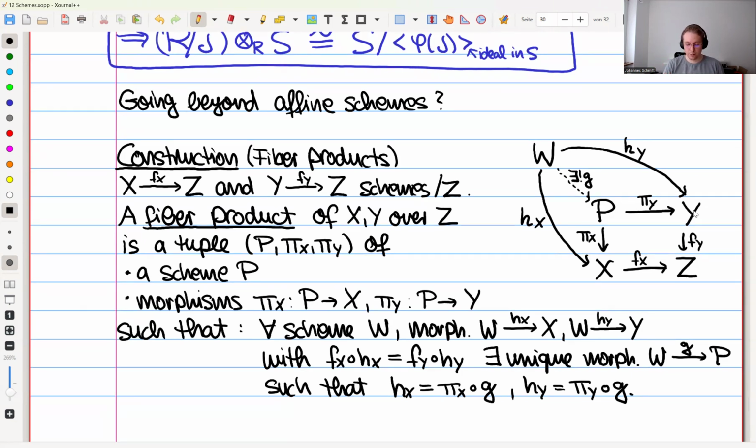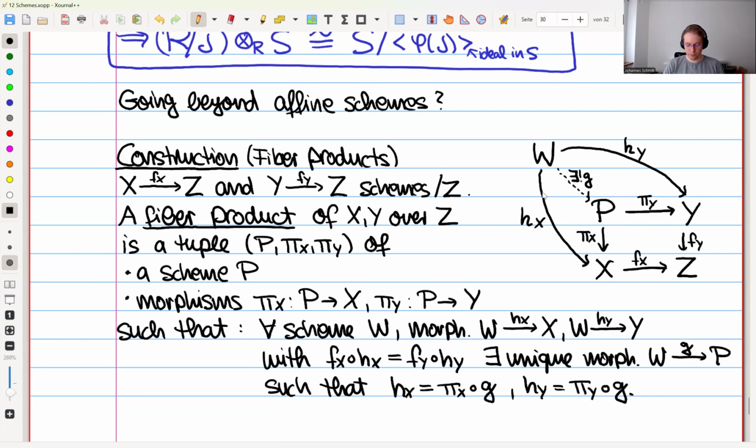so for the scheme level, we would just say for any morphism here and here, we find the unique morphism to P. But now we work over this extra scheme Z. And so the additional property that we like is that this whole diagram should commute.